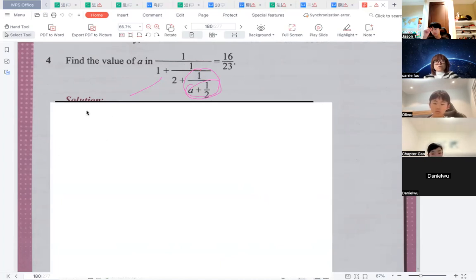Okay, let's do 1 over A plus half first. Everybody do this part first. 1 over A plus half equals what?